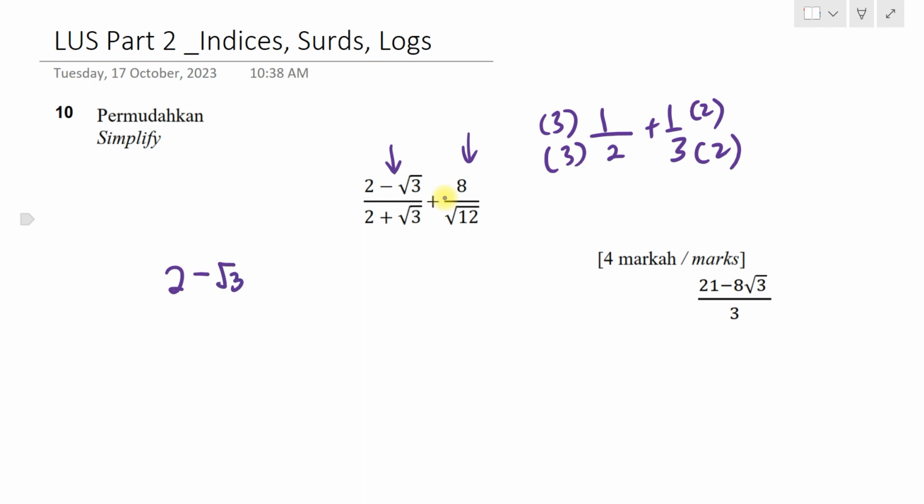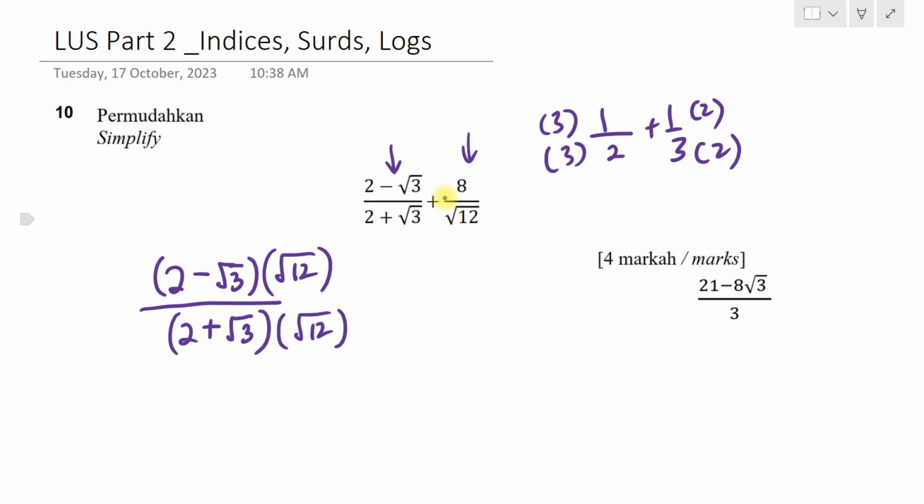Okay, same thing here. 2 minus √3, and then we have 2 plus √3. Okay, you multiply with 12, plus 8 over 12.